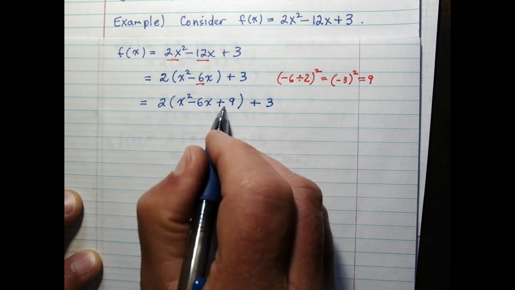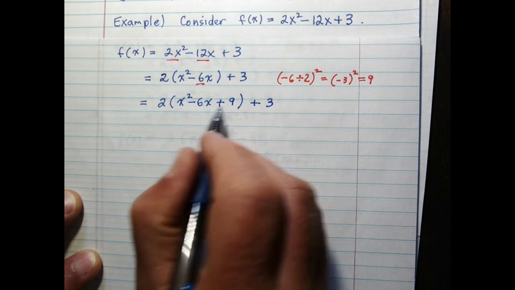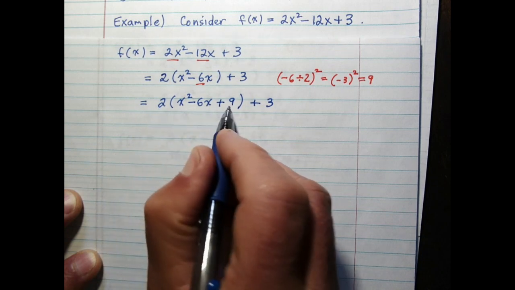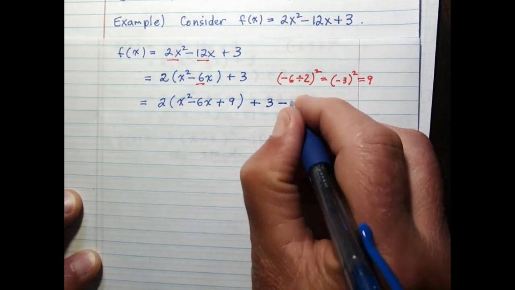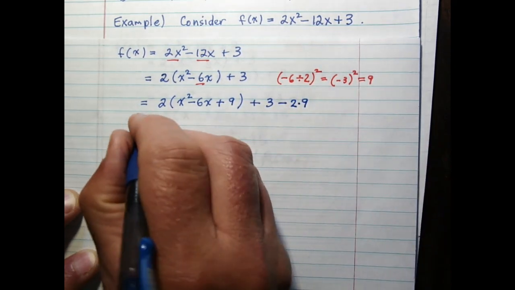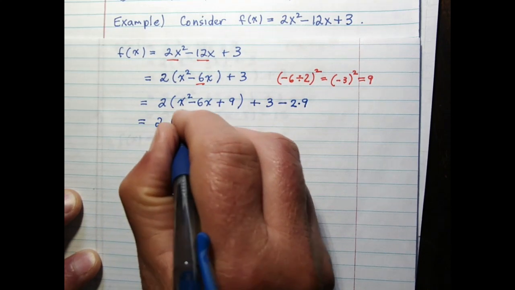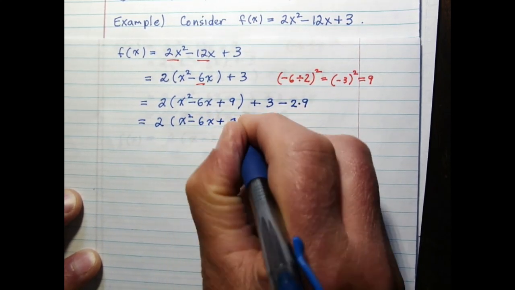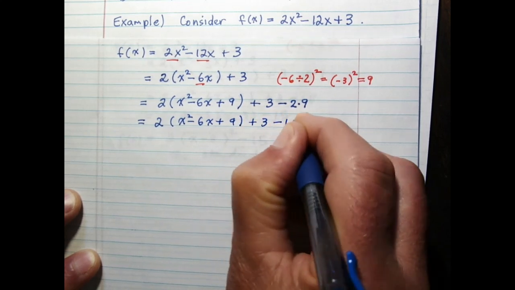The effect of writing plus 9 inside parentheses is to add 2 times 9 to the whole formula. So to compensate, I have to subtract 2 times 9. So I have 2 times x squared minus 6x plus 9 plus 3 minus 18.